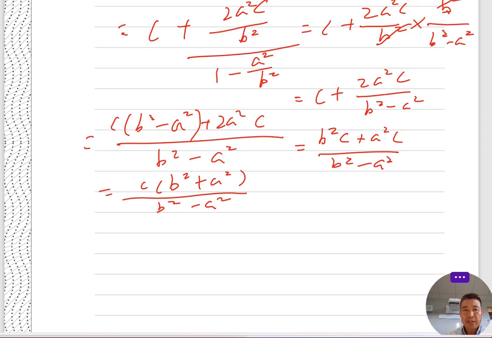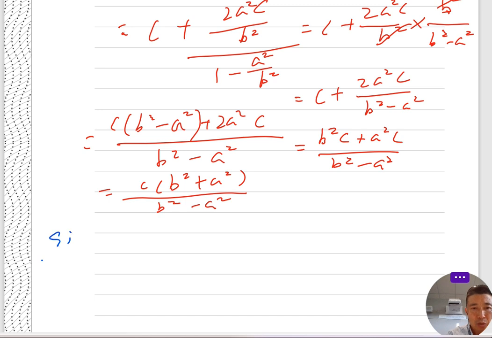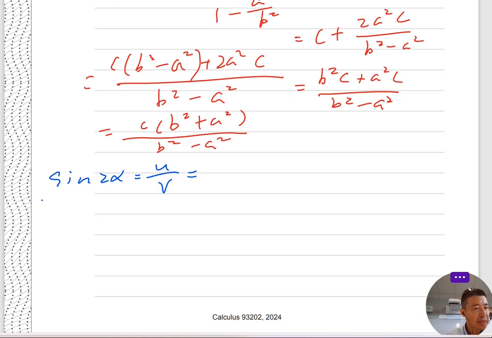So U over V. So sine 2 alpha equals U over V. And do you remember U was this 2ABC over B squared minus A squared, and then times by 1 over V, isn't it?